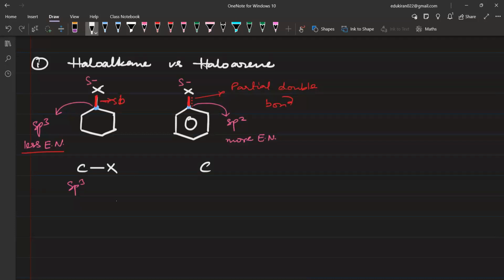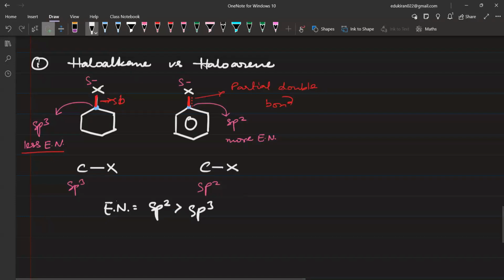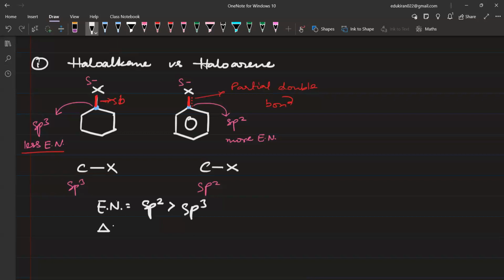And here in the carbon and halogen bond, the carbon atom is sp2. If you compare the electronegativity, then sp2 is more electronegative than sp3. So where would the difference in electronegativity be higher, delta EN, in 1 or in 2?